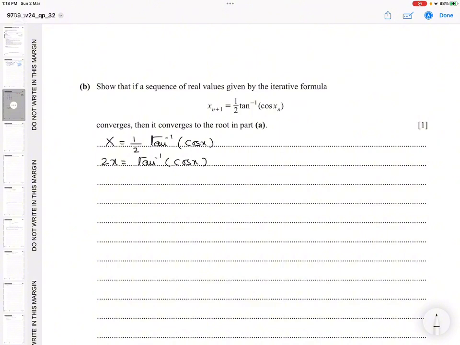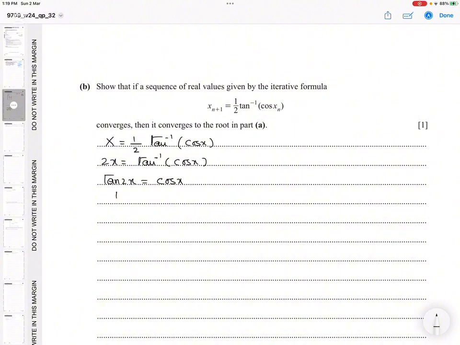and then I can write tan of 2x. When tan inverse comes here, it becomes tan. This is cos of x. Now take reciprocal.